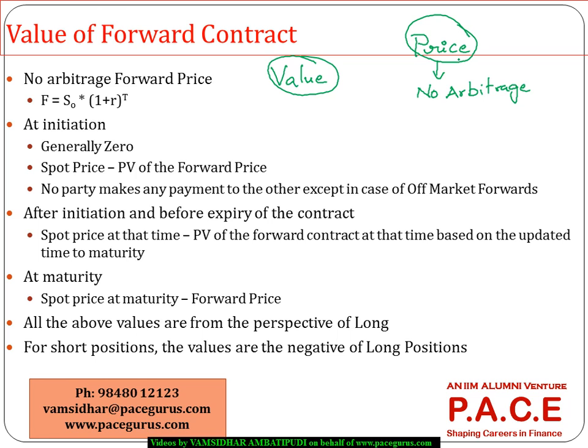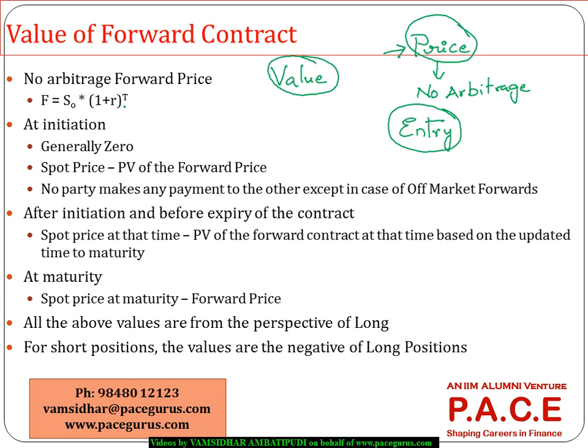Price is determined at the time of entry into the contract, which is a kind of mutually agreed upon price between both the parties, or probably one party is willing to pay this to get the delivery from the other party. All these are the meanings of the price, which is decided on the day of entry into the contract.